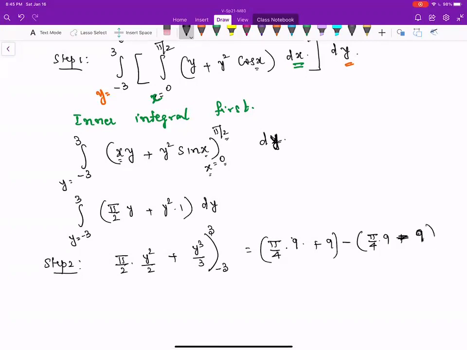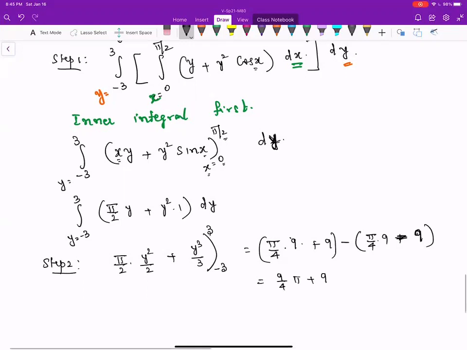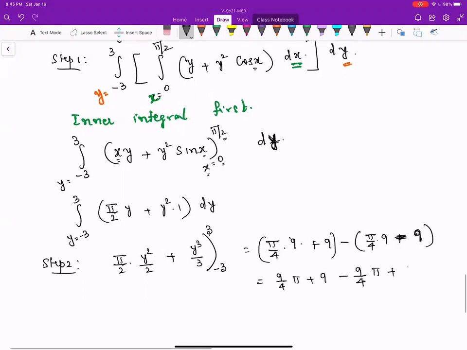That will be negative 9. So it is going to be 9 over 4 pi plus 9 minus 9 over 4 pi plus 9. So this 9 over 4 pi is getting cancelled. So it is 9 plus 9, which is equal to 18.